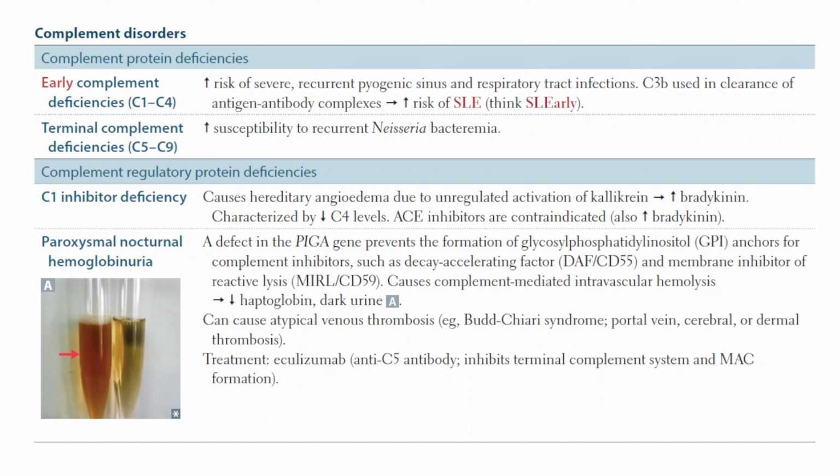It can cause atypical venous thrombosis, for example Budd-Chiari syndrome, portal vein, cerebral, or dermal thrombosis. Budd-Chiari syndrome is when you have a big clot in the vein that drains the liver.